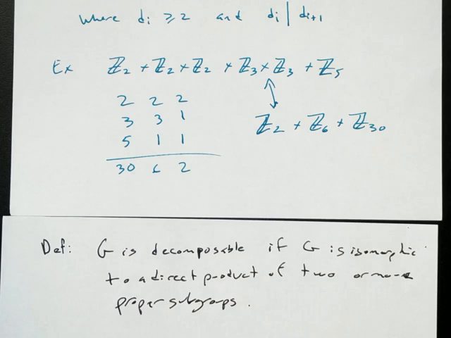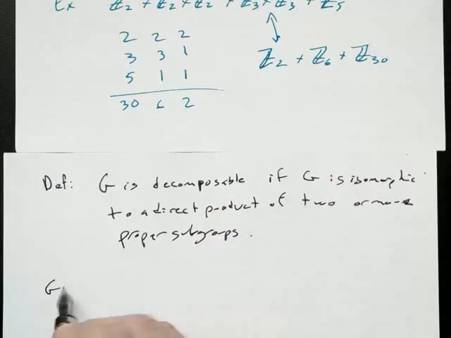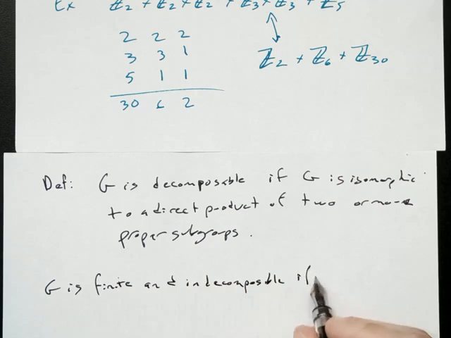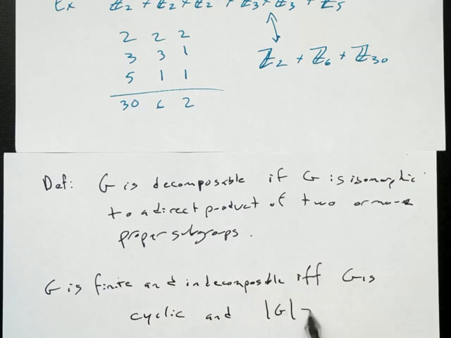This sounds like, hey, you can factor this group, right? And that's what we call them, invariant factors or primary factors. If your group can be factored, then it's a direct product of things in it. G is finite and indecomposable if and only if G is cyclic and the order of G is a prime power.